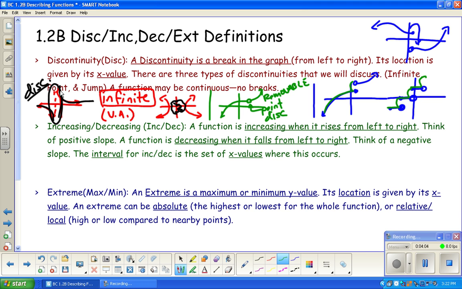So for instance, if this point was at 2, 1 in this middle graph here, then we would have a point discontinuity at x equals 2. Okay, don't list the whole point, just list the x value. For this one, maybe we have an infinite discontinuity at x equals -1, or something like that.